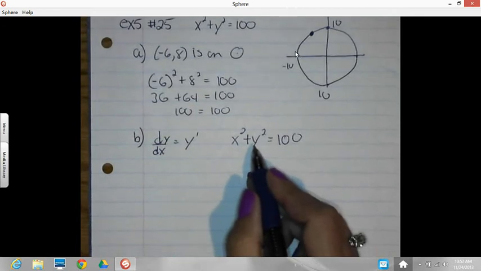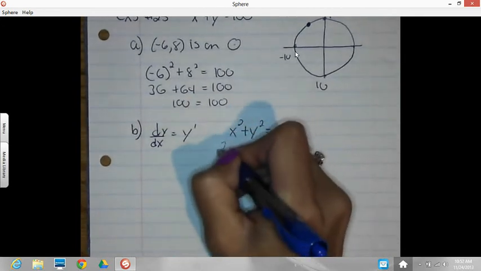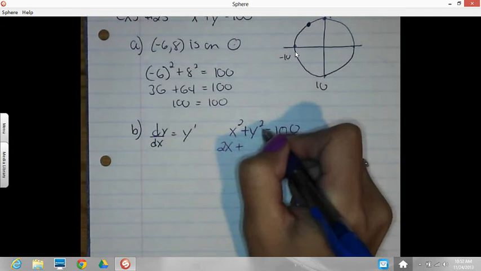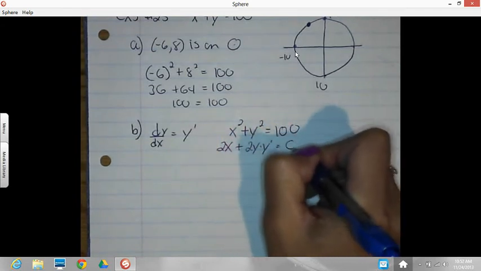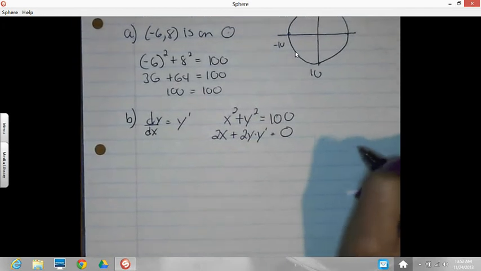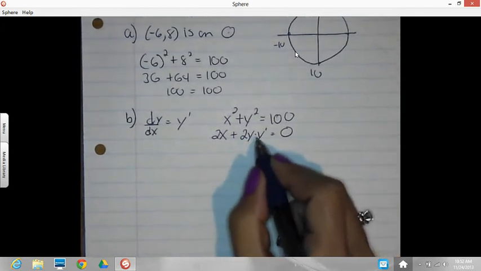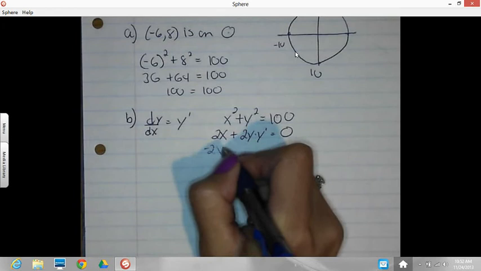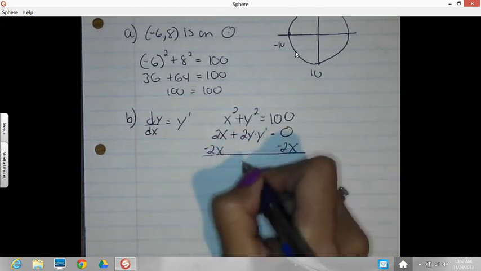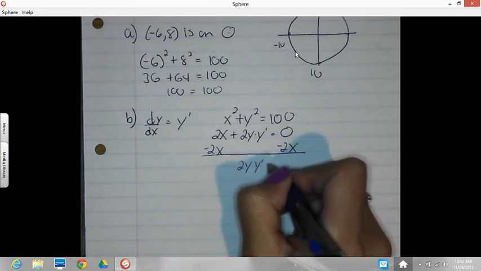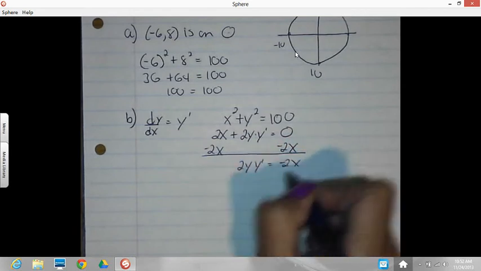So 2x plus 2y, y prime, equals 0. Solving for y prime, we're going to subtract 2x. 2y, y prime, equals negative 2x. Divide by 2y.